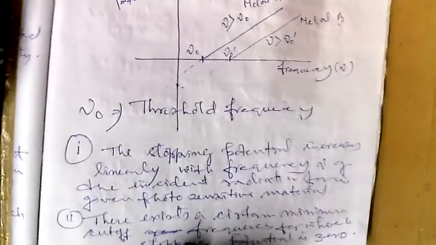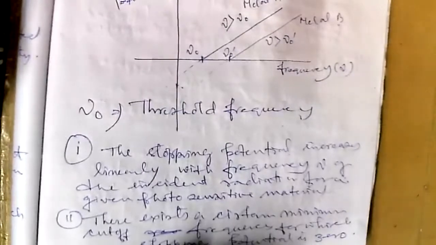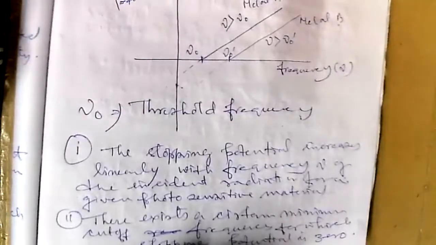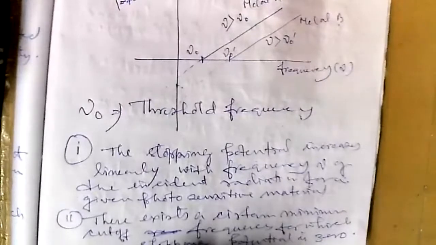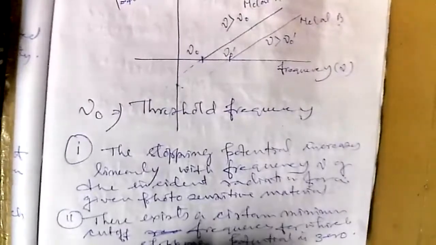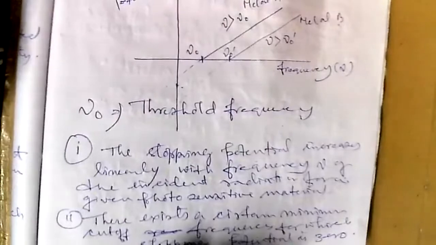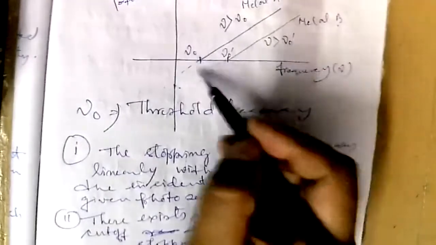This cutoff frequency is different for different materials, but for each and every material there should be some cutoff frequency. This cutoff frequency is related to the work function h nu naught. For different metals the cutoff frequency is different, but the nature of the graph is the same.